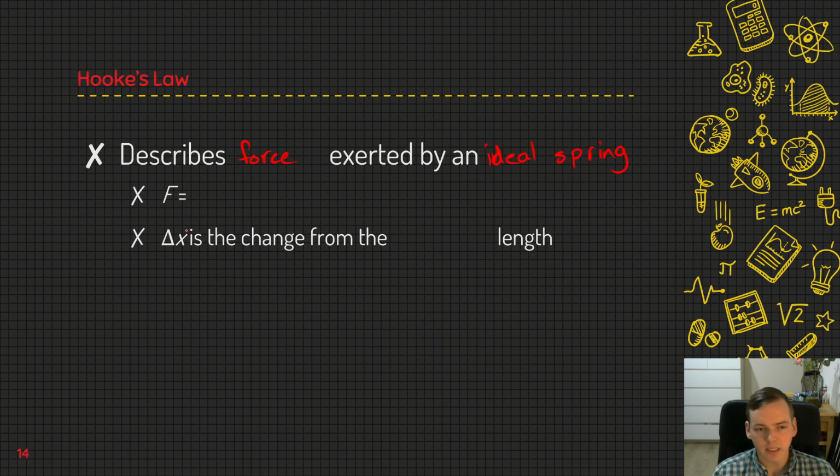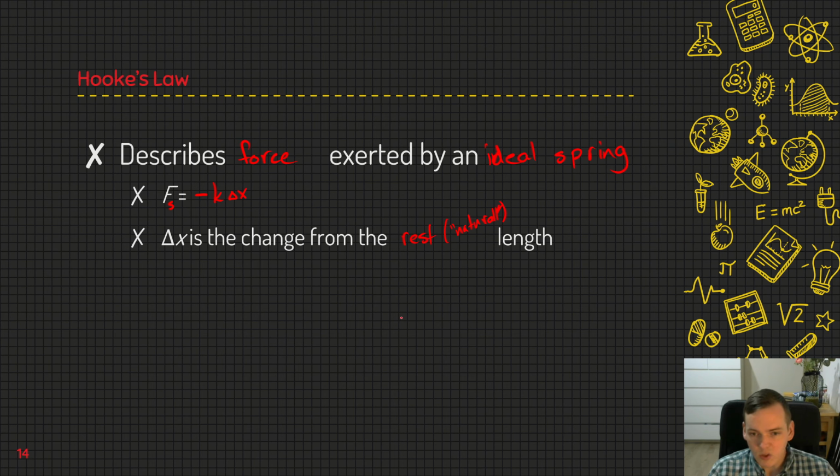And Hooke's law is that the spring force, or the elastic force, is equal to negative k times delta x. And delta x is the change from the rest, or the natural length. So if nothing was pulling on the spring, and the spring was just sitting by itself, how long is it?